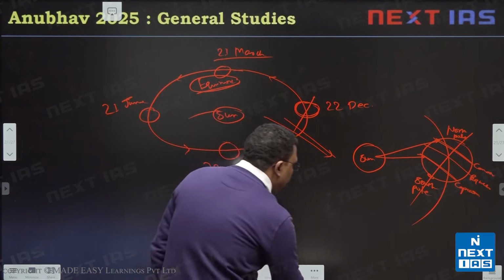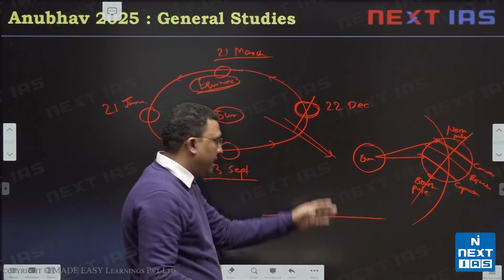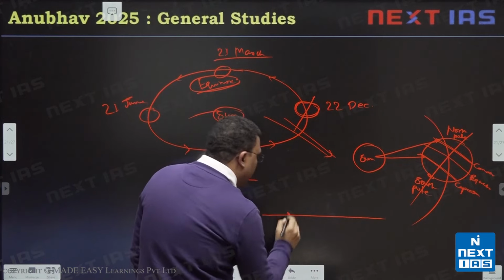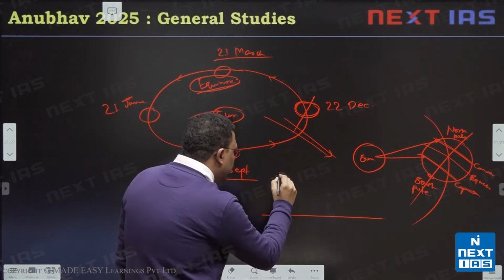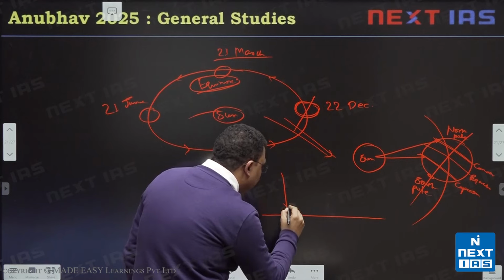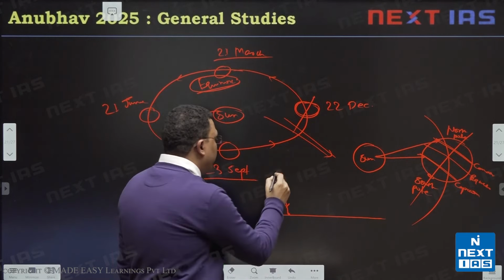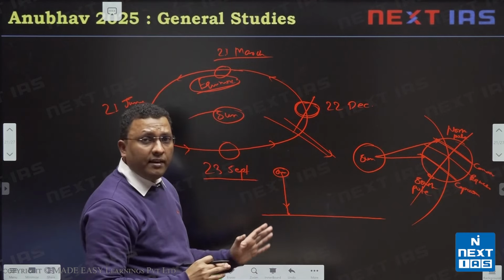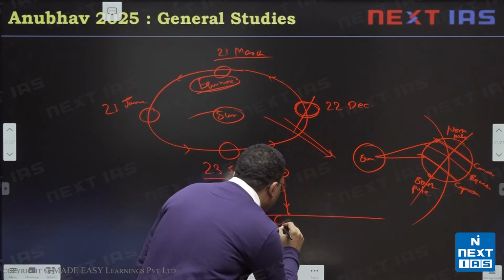So let's say if we draw these places on a flat surface, and this is a place on Tropic of Capricorn, it will receive sunlight directly from overhead, so it will appear as if Sun is at the highest point in the sky.